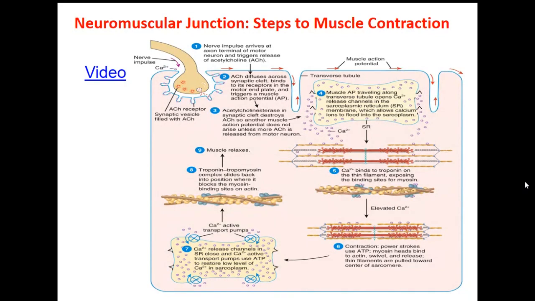That allows the myosin heads to reach up and hook on to those binding sites on the thin filaments. So up here, the binding sites are covered, so the myosin heads are not attached. But out here, you see that they're attaching.